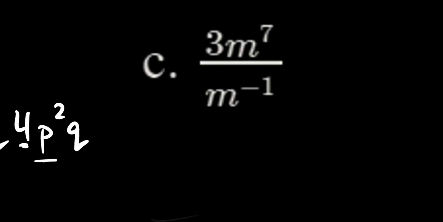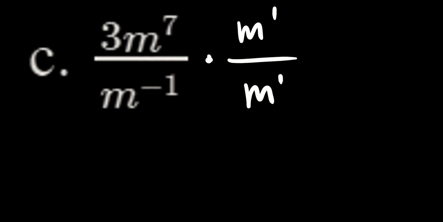All right, last one, part C. Here's our opportunity. We get to multiply. I'm going to multiply by a giant 1 in the form m to the 1st over m to the 1st. And I selected that specifically because I want to neutralize this negative exponent in my denominator.